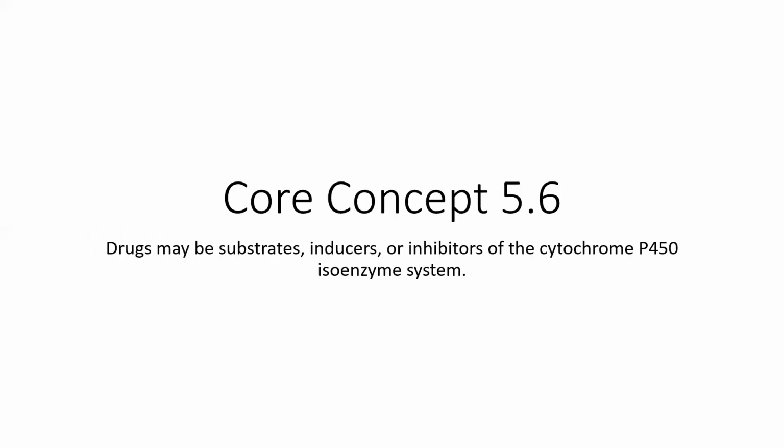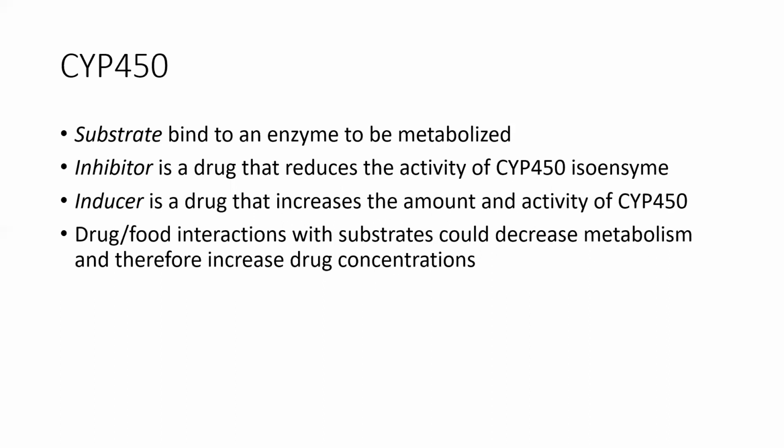Now, drugs may be substrates, inducers, or inhibitors of cytochrome P450. What happens if a drug is a substrate of CYP450? It will bind to the enzyme to be metabolized. If it is an inhibitor, it will block the activity. And if it's an inducer, it will increase the activity.